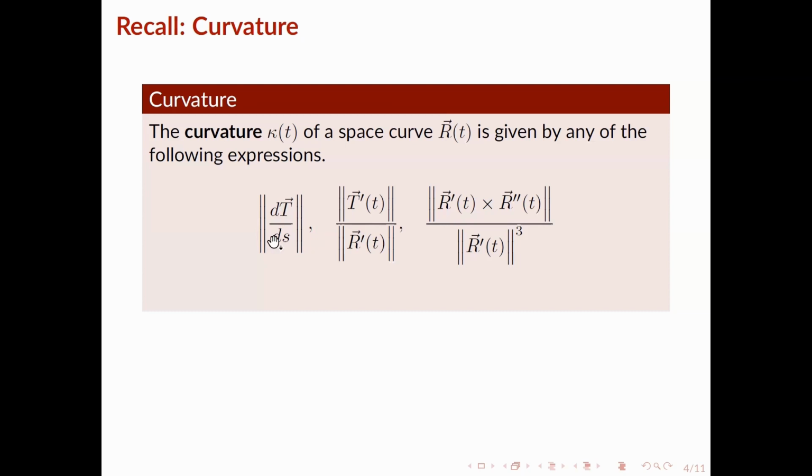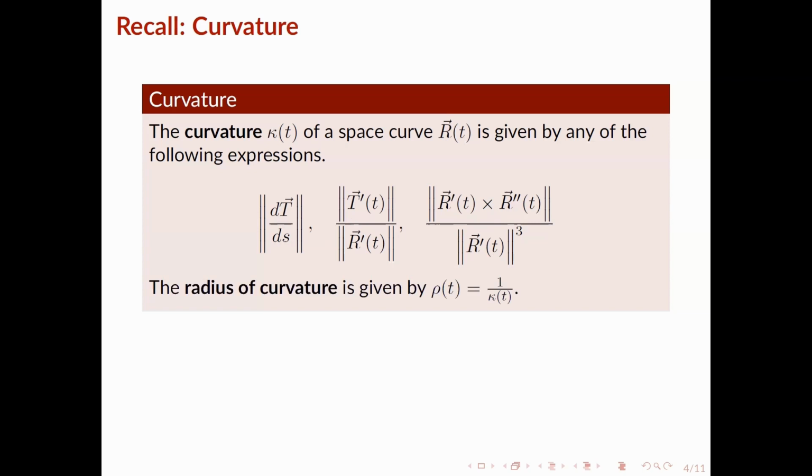But if you don't want to bother with arc length, you can just use this formula, which is the magnitude of T prime over the magnitude of R prime. Alternatively, you can skip calculating the unit tangent vector T and just use this formula, which is in terms of the derivatives of R and magnitudes of those derivatives.